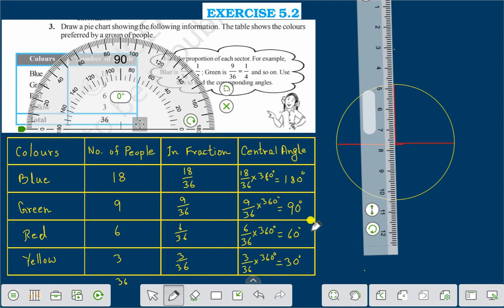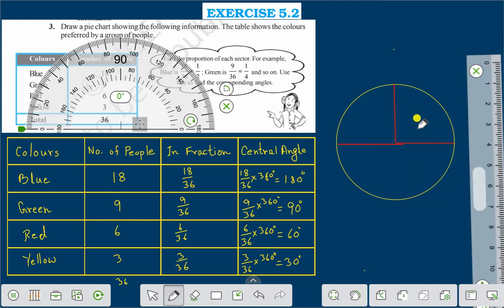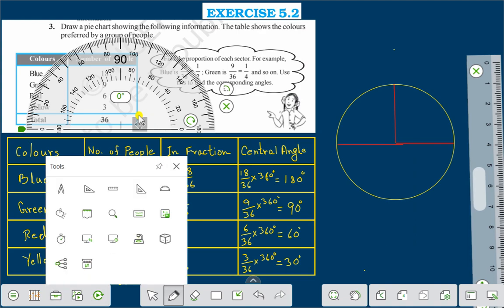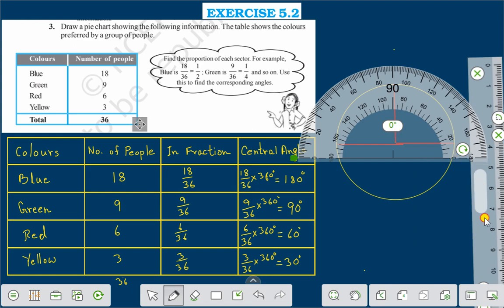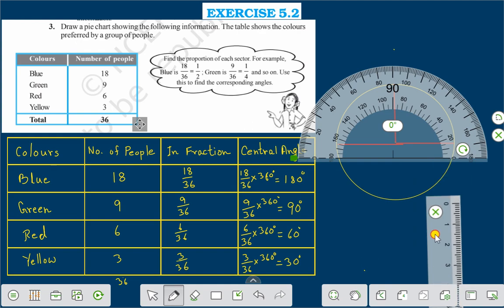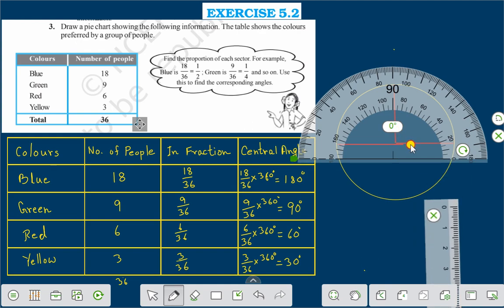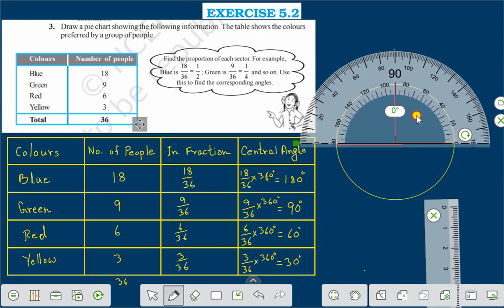Right? Next one is 60 degree and 30 degree. With the help of the protector, again, we are drawing an angle of 60 degree. Put the protector in the proper position and make an angle of 60 degree. Here you see, this is exactly 60 degree.